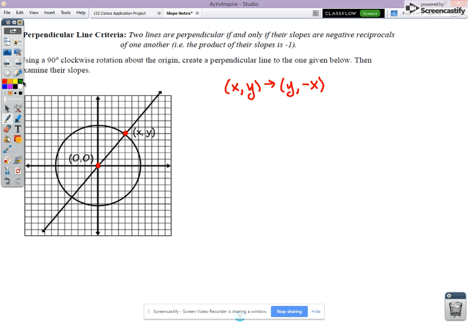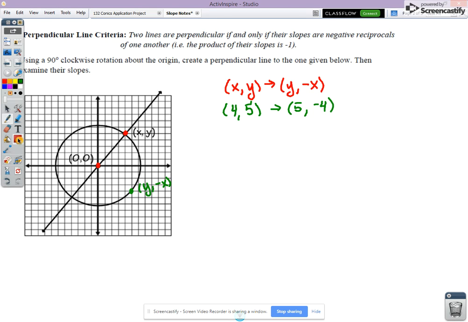So if I were to apply that to this specific point, which I named x, y because in general it could be any point on our grid, but on this grid particularly it's at 4, 5. So let's see where it would end up. 4, 5 would rotate and land at 5, -4. So I can go over here, 1, 2, 3, 4, 5, down 4, and I'm going to label this y, -x.